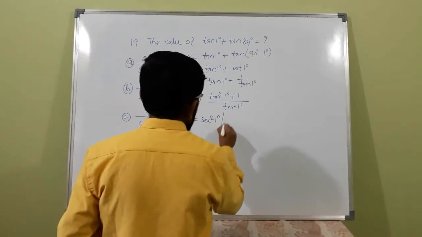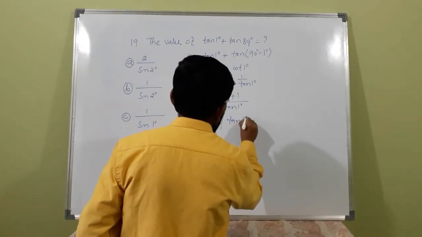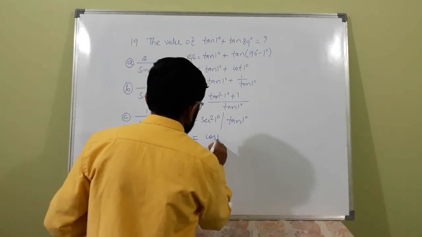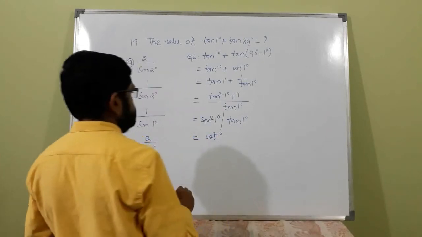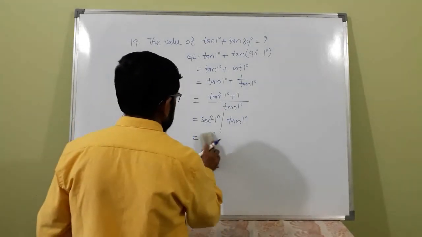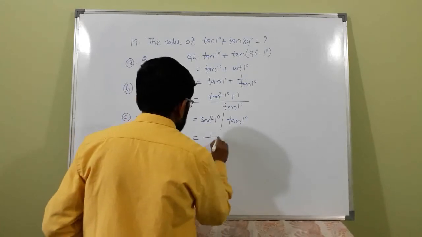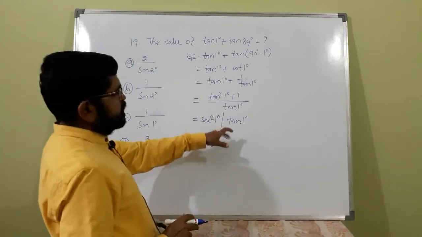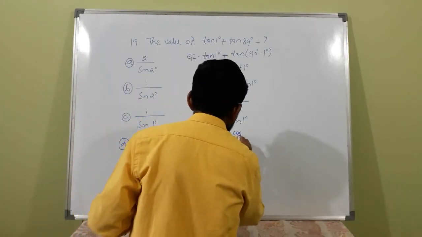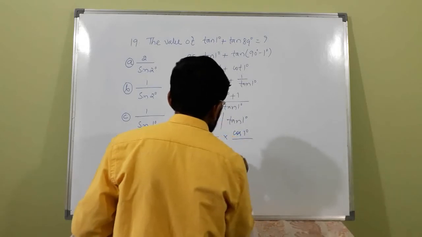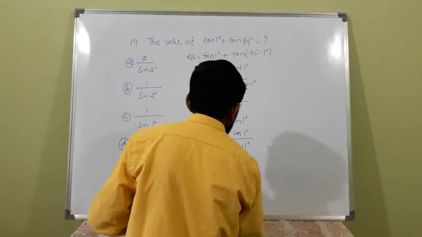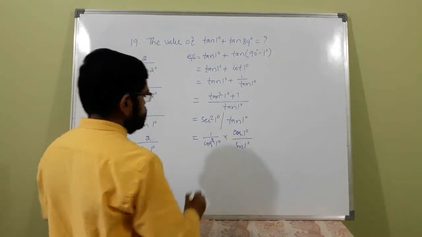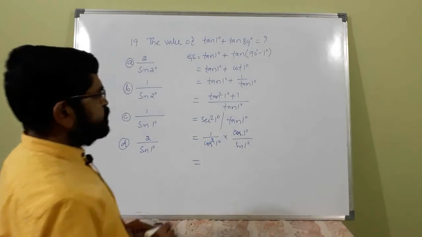divided by tan 1 degree. That is 1 by cos squared 1 degree. Tan is sin by cos, cos goes to the numerator, so cos 1 degree divided by sin 1 degree. One cos cancels, so in the denominator we have cos 1 degree into sin 1 degree.